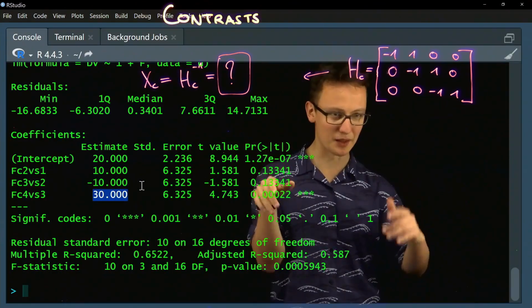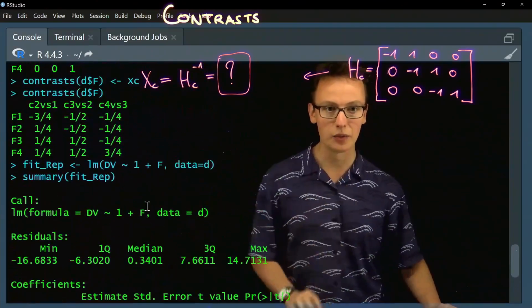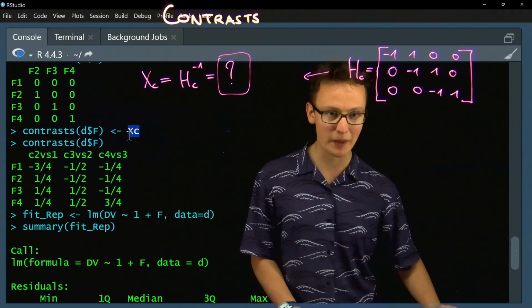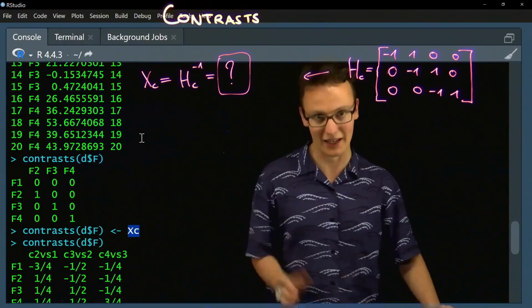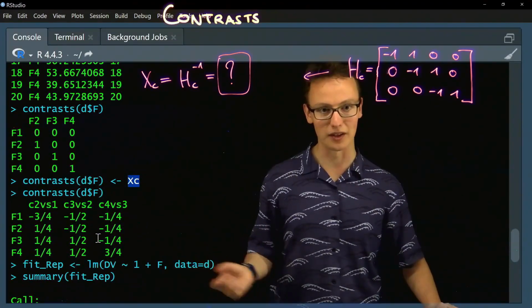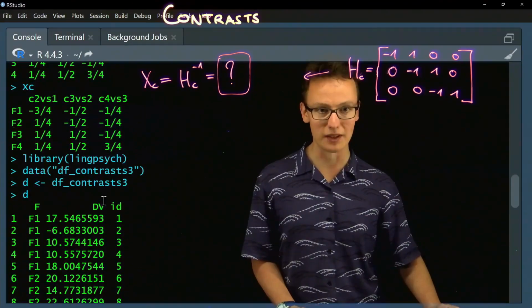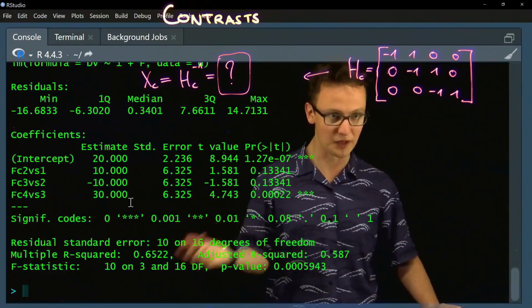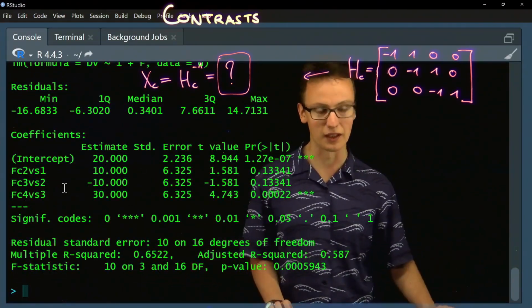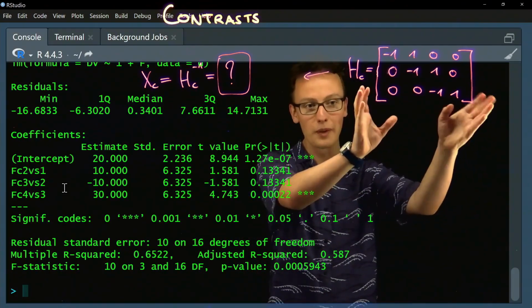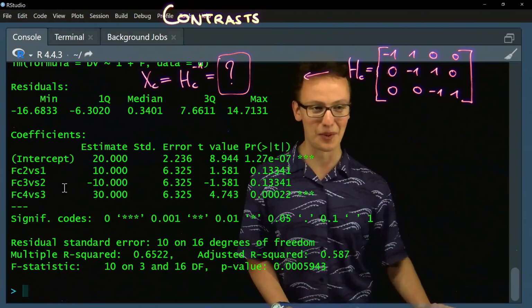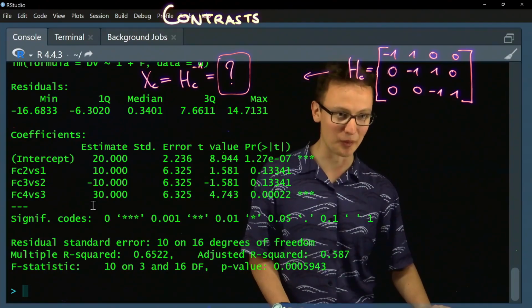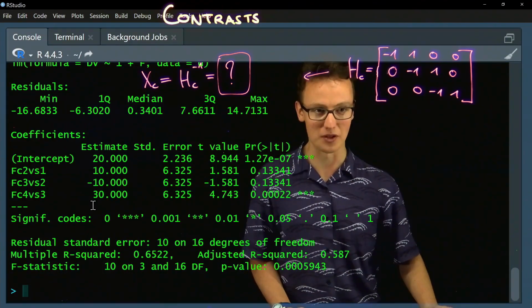Just the same thing that we saw last time, only that here we gave it our homemade repeated difference contrast matrix, which is literally identical to the one we also get from the inbuilt R function, and we can convince ourselves that this works. We can create our homemade contrasts and then apply them to a categorical variable and run the linear model, and it will work just fine.